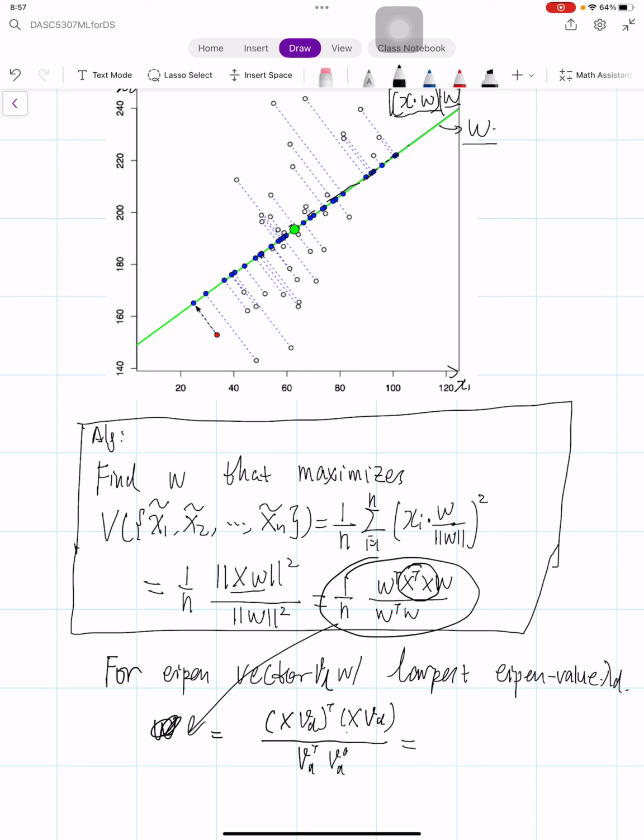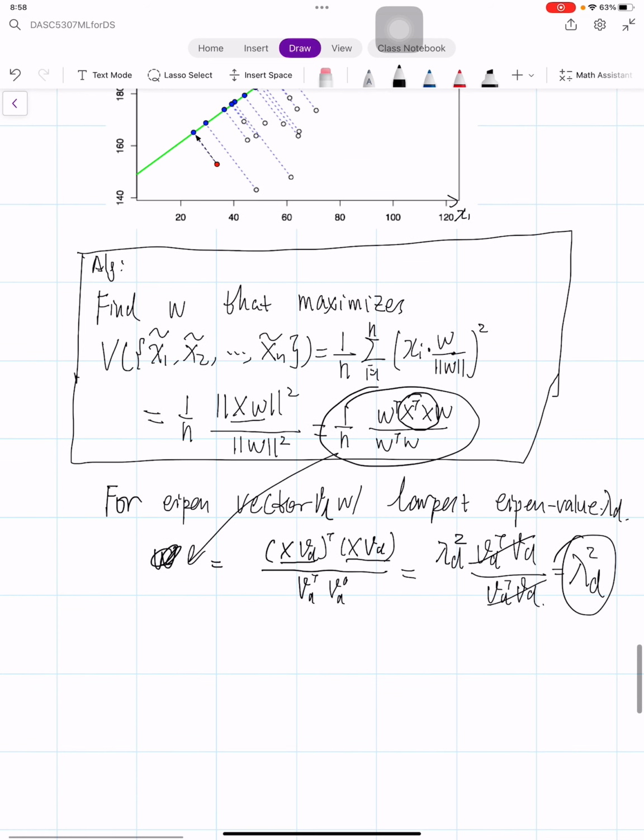Remember, since this is an eigenvector, this quantity equals lambda d squared vd transpose vd, and this can cancel this. So for the eigenvector w, this is the largest eigenvalue squared.